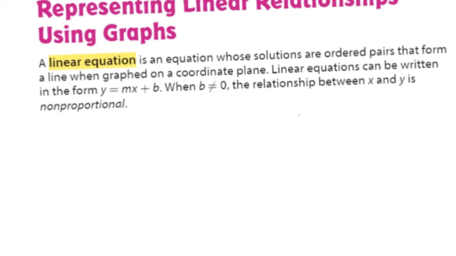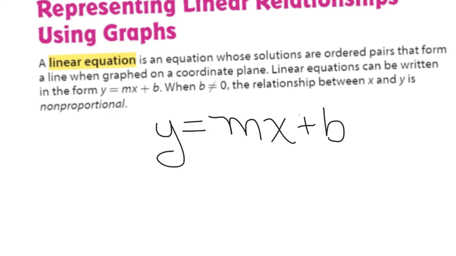So a linear equation is an equation that forms a line, and it's going to be in this form, y equals mx plus b. M is going to represent your slope. B is going to represent the y-intercept.